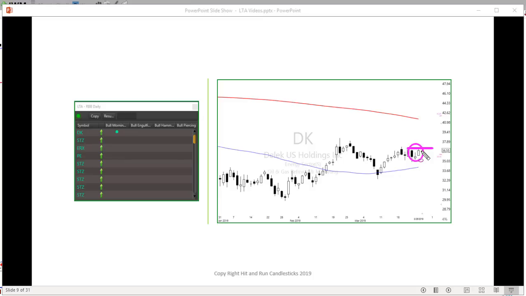So once again, we've put everything in a strategy, and now we're showing the buy signals for different types of buy signals, whether it be a Morningstar signal, a bullish engulfing, a hammer, or a piercing candle.